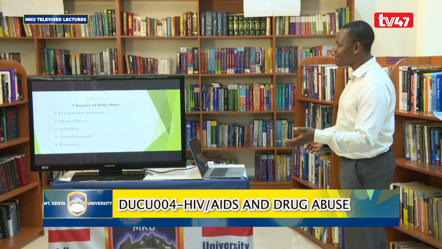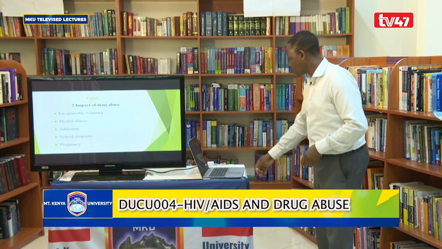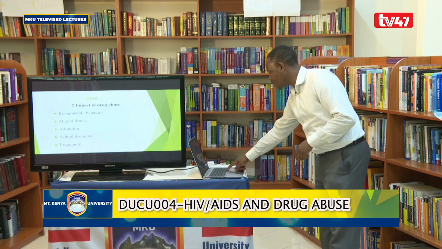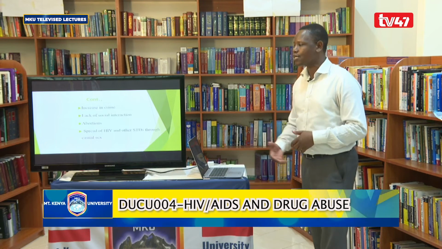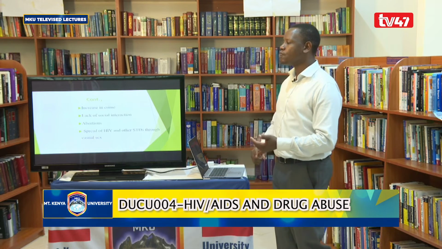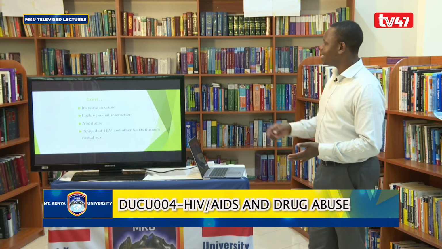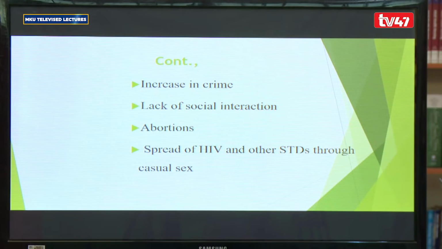There are high pregnancies in the community because of the impact of using drugs. There's increased crime. If one is a dropout and not mentally stable, they can lead to crime. Lack of social interaction, abortion, and the spread of HIV and STDs through casual sex.